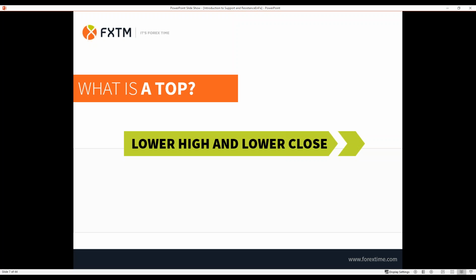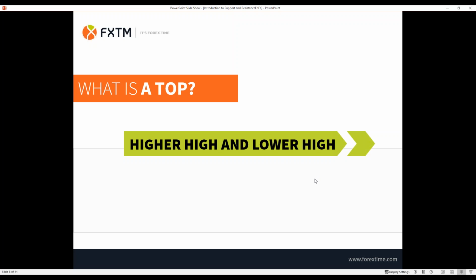And another definition is lower high and lower close. So again, we have this high, which is lower than the previous one, but we don't really care about the lows. What we care about is that the close is lower than the previous close. So once more, this high here will be our top.